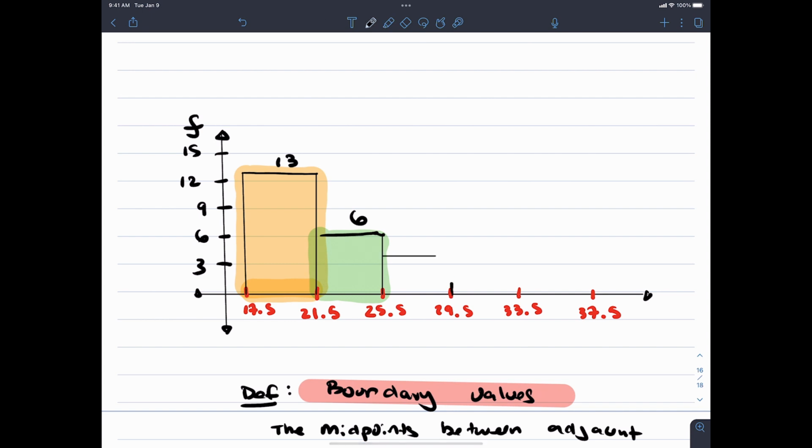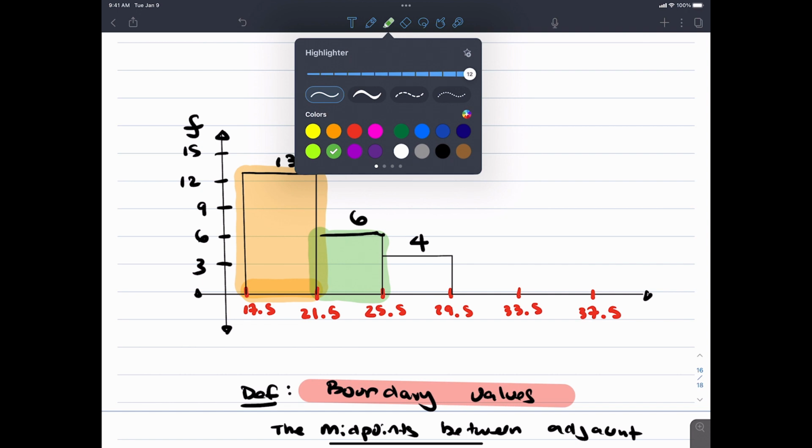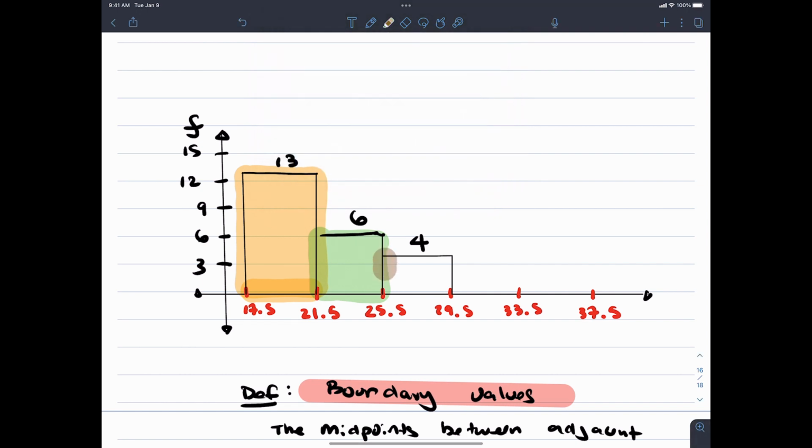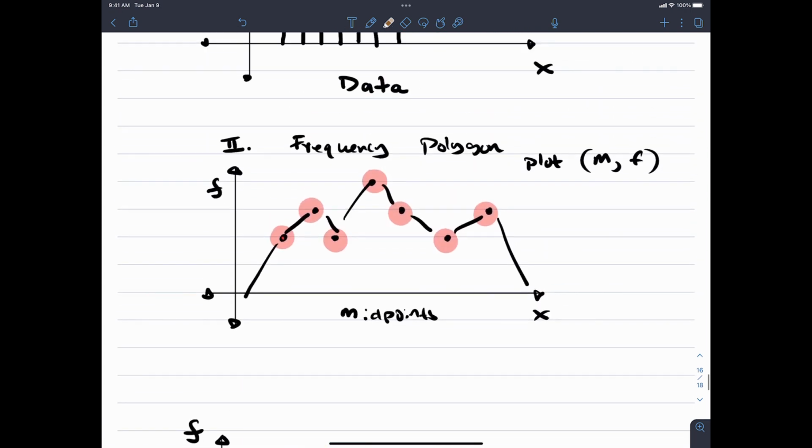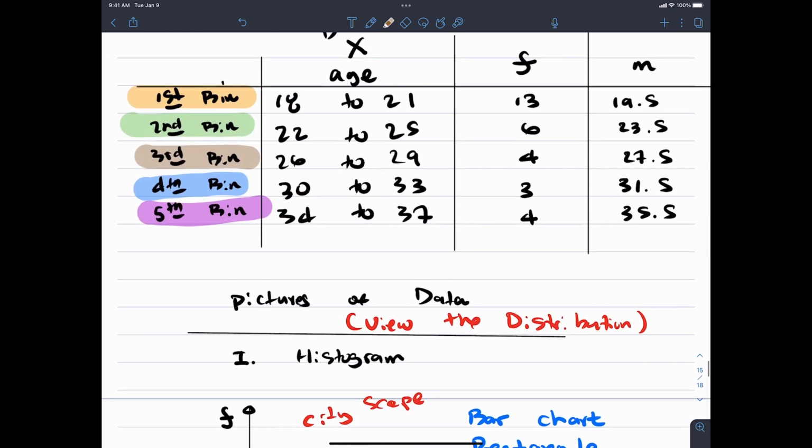It's more than 3, right? So I like to label as well. I have to do a height of 4 units, so you guys know. And this is the third bin. That's the altitude of the third bin. It's a 4. And so, ladies and gentlemen, we're on our way drawing our histogram here.